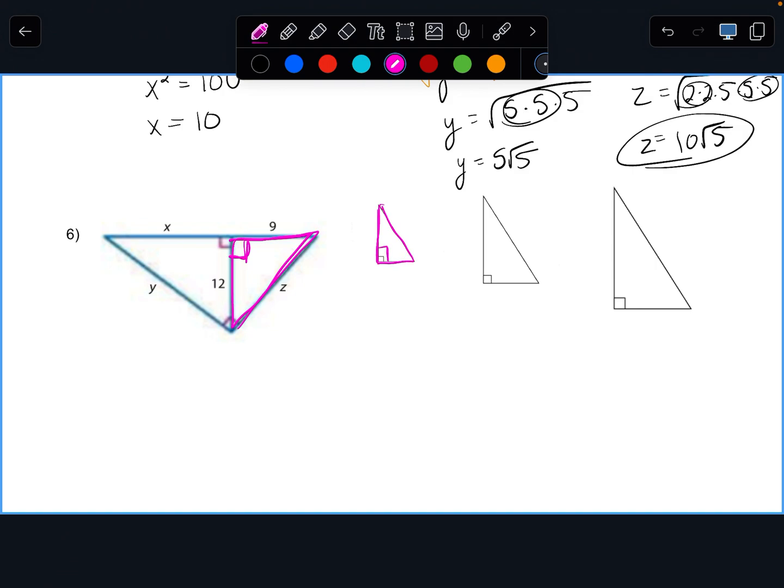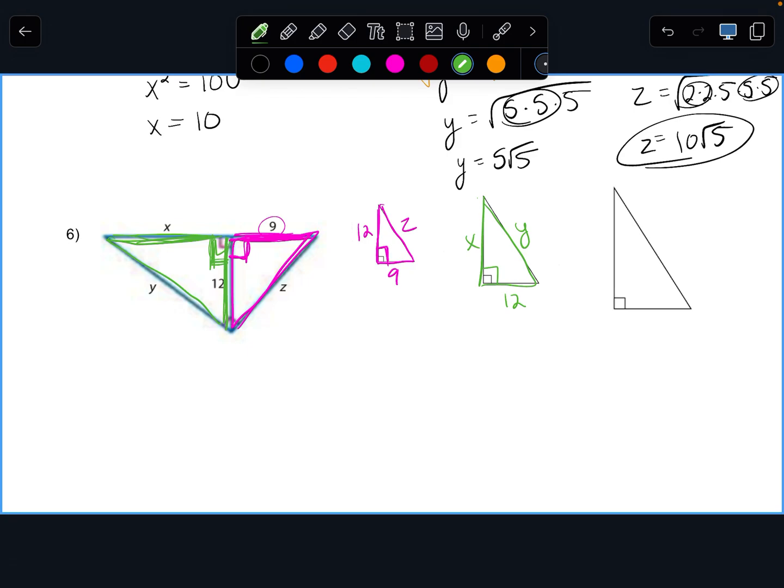Okay, if you're not sure which is the shorter leg, the small leg of the shorter triangle is always going to be 9, or you could just look at which one's bigger, 9 or 12. So you have 9, 12, z. Then you're going to do the medium. That's 12, x, y, because I'm just looking at the legs for the right angle.